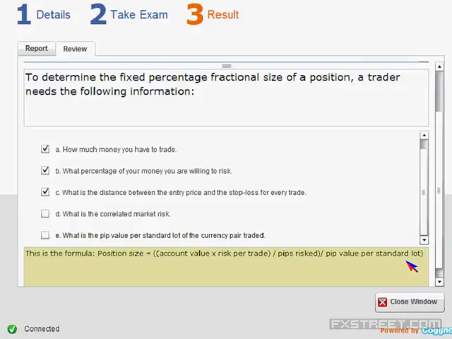If you are trading a dollar-quoted pair, it's easy to calculate because a pip is worth $1 or $10 depending on the lot size. But if you are trading pairs like the Euro Swiss, for example, or the sterling yen, we suggest to include the pip value since these pairs can vary a lot in their pip value.